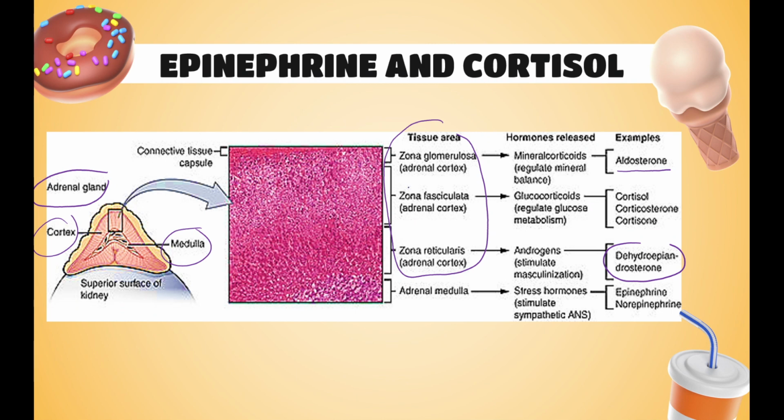And for cortisol, ito po yung zona fasciculata. Zona fasciculata is located at the middle portion of our cortex. So, ito, cortisol. While adrenal medulla is the innermost portion of your adrenal gland, and dyan po natin nakukuha si epinephrine, including your norepinephrine. Di ba, these are your fight and flight hormones.